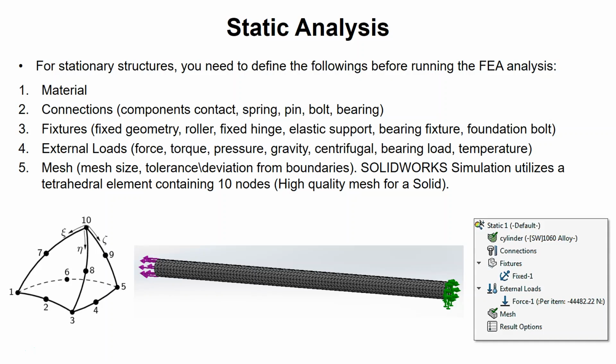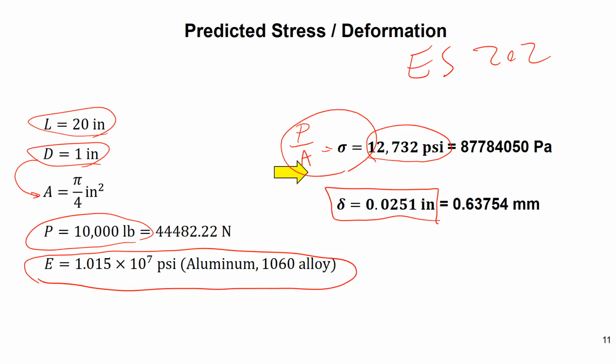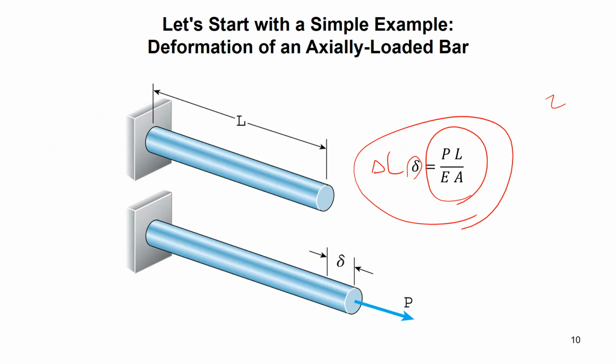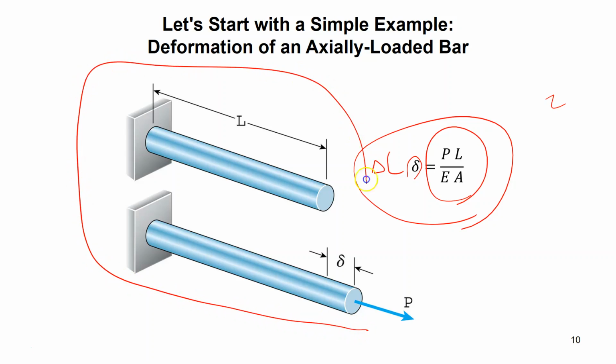They do not use exact formulas like this. Why? Because there are infinitely many designs and all sorts of different combinations of loading and geometry, and these two simple formulas that you saw are only for this simple experiment, the uniaxial tensile test.